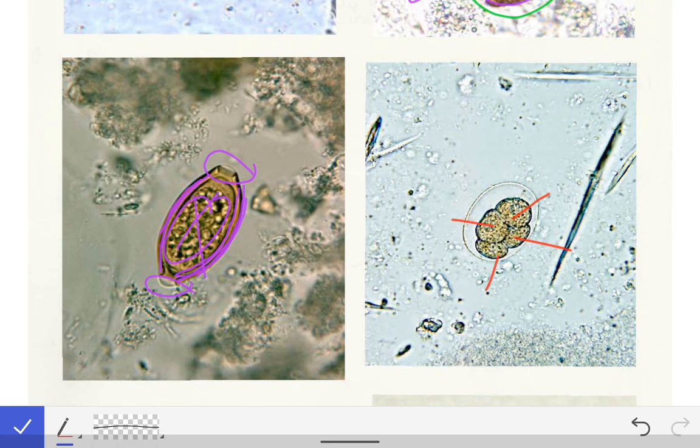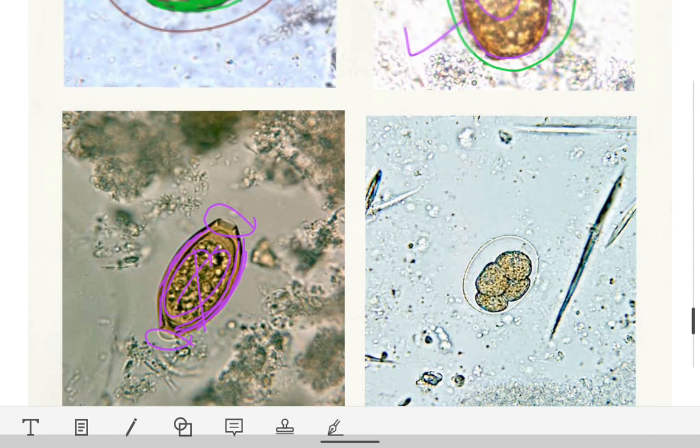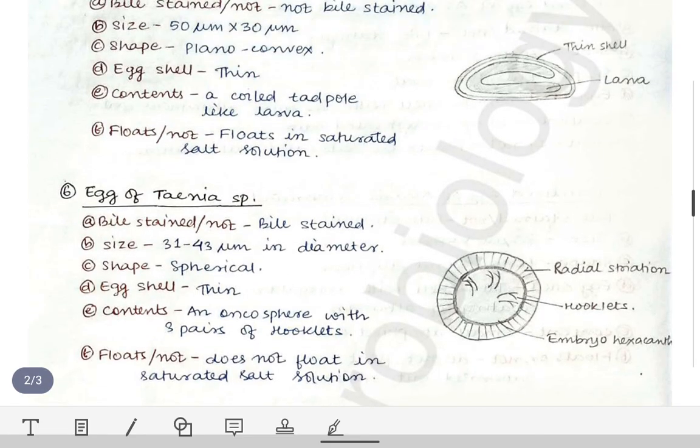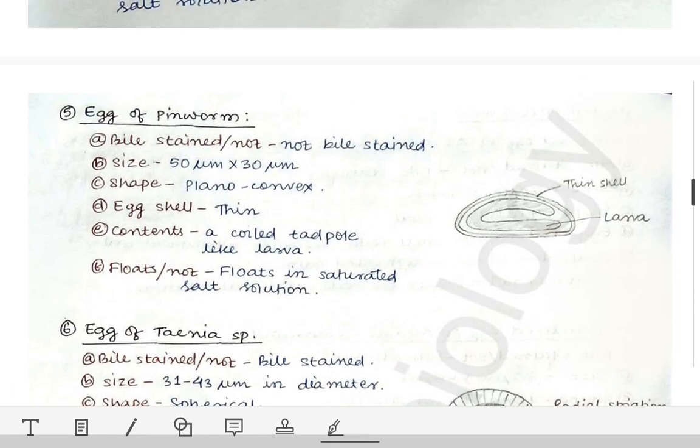So there are a total of four blastomeres, plus if you see carefully, there is a clear space between the blastomeres and the egg cell. This is the clear space surrounding the blastomeres. So this is an egg of the hookworm. By this you remember the egg of the hookworm also. You will be able to identify it, I think.